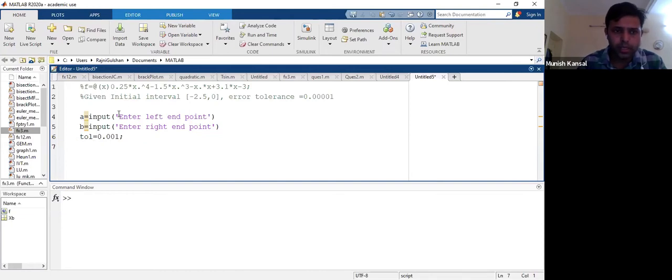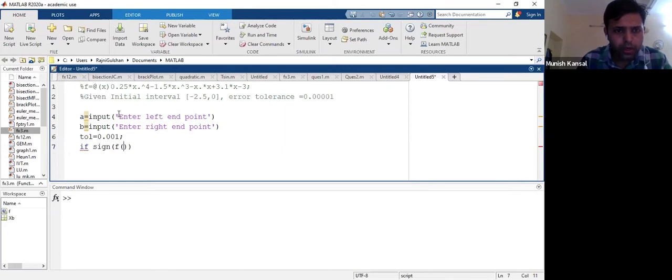If the sign is the same, then we say that we cannot apply bisection, because the bisection method is applicable only when IVT is satisfied, right? So let me write down one condition, that if f of a into f of b is greater than 0, that means the sign is the same, so we will not proceed further. So what is the command for that? In the previous lecture we have seen that you can make use of the sign function here, right?